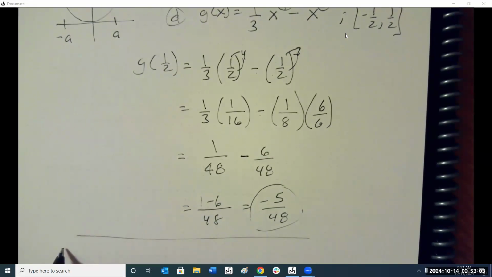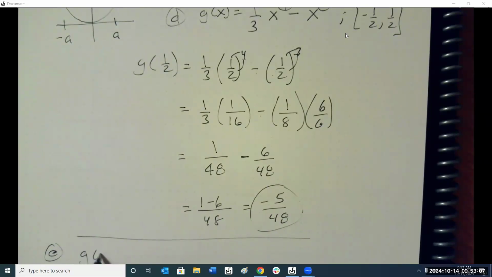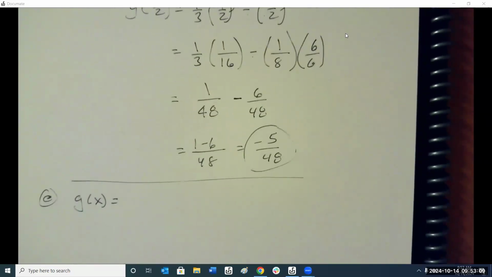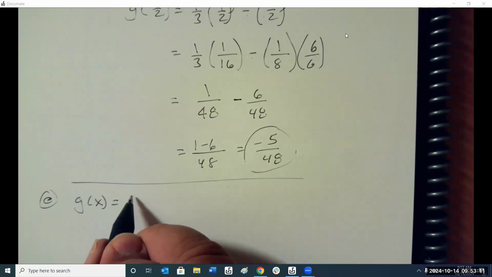So let's look at the same function, but without fractions, with some regular numbers.